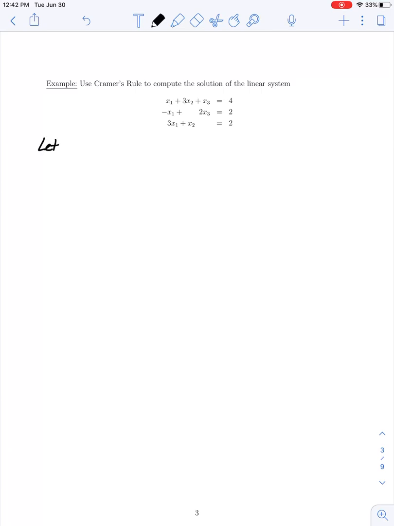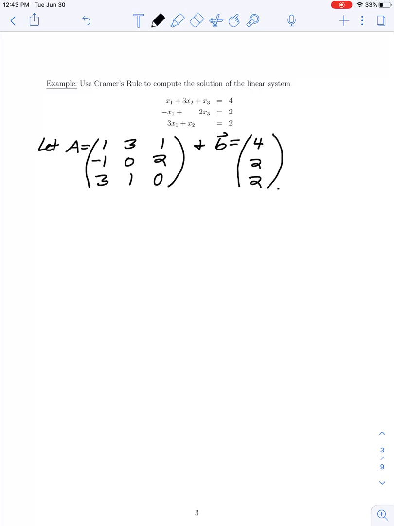We'll start by looking at our coefficient matrix A, which would be the 3 by 3 matrix whose first row is 1, 3, 1, second row is -1, 0, 2, and third row is 3, 1, 0. And the vector b, which makes up the right-hand side for our system of equations, would be 4, 2, 2.